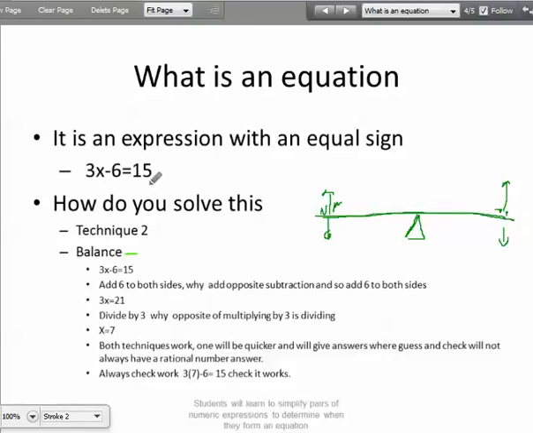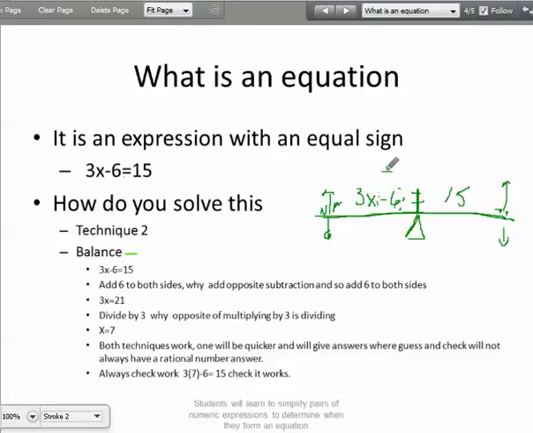Our equation is balanced to begin with, 3x minus 6 and 15. It's balanced around that equal sign right there, right? So we want to try to keep it balanced. And what we would do is we'd look at both the sides of this equation. We say, look, I'm subtracting 6 over here.